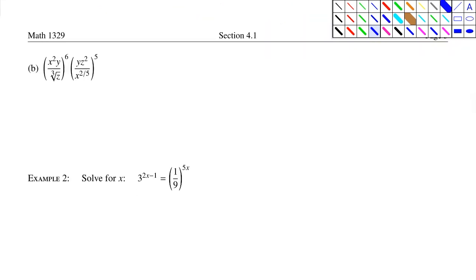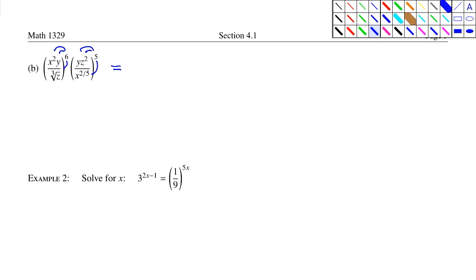Example B, x squared times y divided by the cube root of z, all raised to the 6th power, times y times z squared over x to the 2/5 power, all of that raised to the 5th power. All right, well, the first thing I'm going to do is give the exponent to all of the parts in the numerator and the denominator.